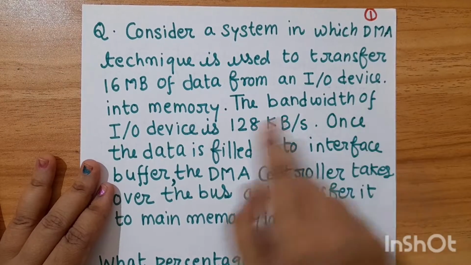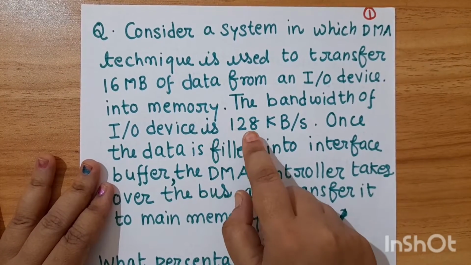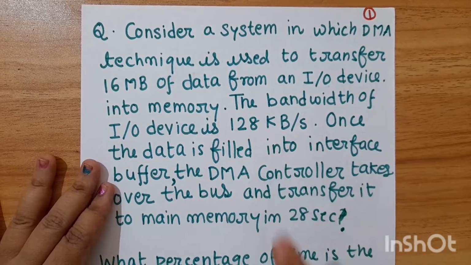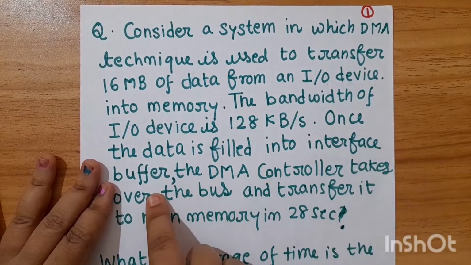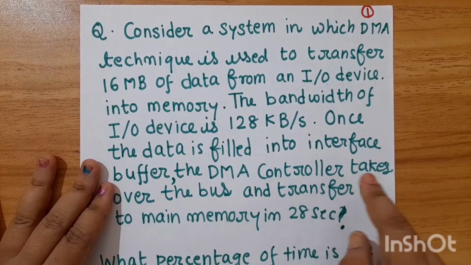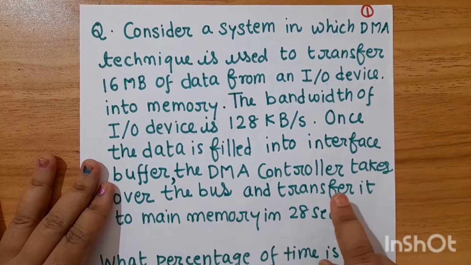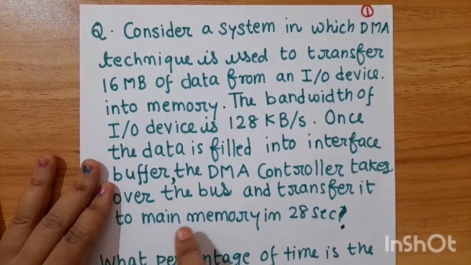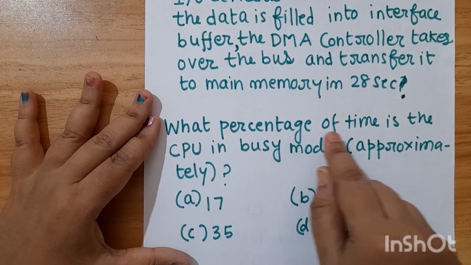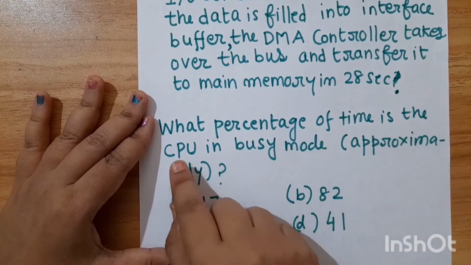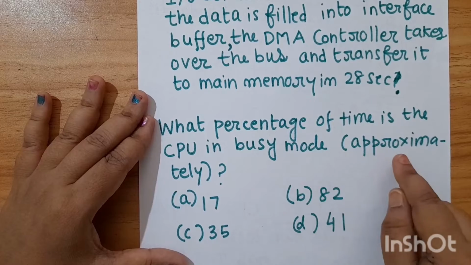The bandwidth of the I/O device is 128 KB per second. Once the data is filled into the interface buffer, the DMA controller takes over the bus and transfers it to main memory in 28 seconds. So, what percentage of time is the CPU in busy mode?